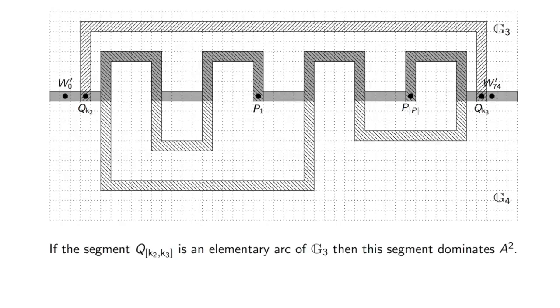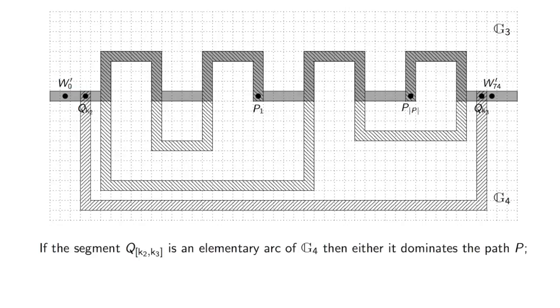If this segment of Q is an elementary arc of G3, then it is also an arc of G1 which dominates the arc A2. If this arc is an elementary arc of G4, then in our example, this path starts in D0 and ends in D4, then this elementary arc dominates the path P in G4.